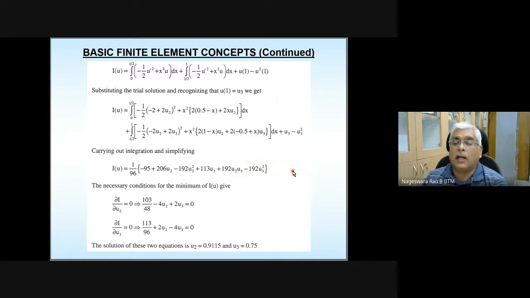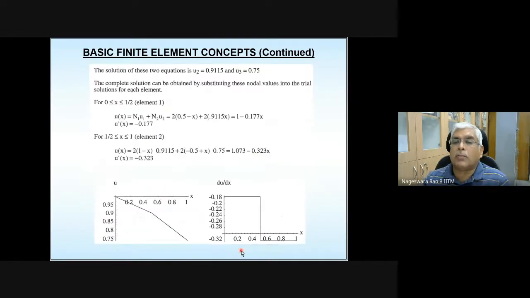After that, you need to apply the stationarity conditions, get the system of equations, and solve those system of equations to determine the unknown coefficients. Once you get the unknown coefficients, you plug them into the trial solution for each element, and you get the approximate solution. Once you get the approximate solution in each element, you plot it in each element.